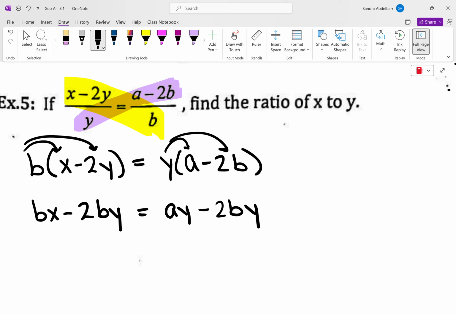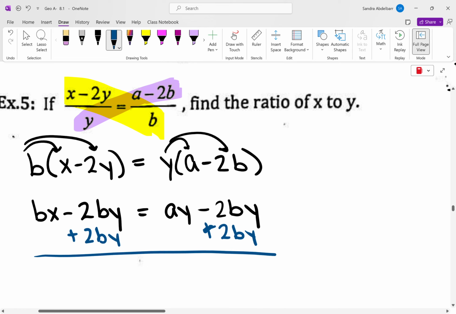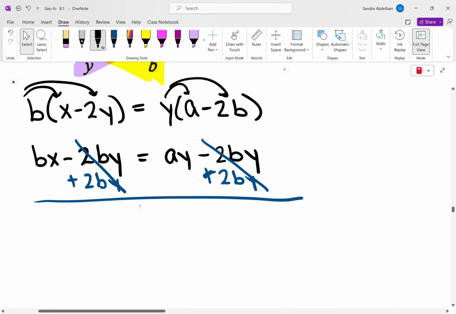Okay, does anybody see anything right now that would significantly simplify this? Only PJ? Abby? Good. If you add 2by to both sides, oops. If you add 2by, what happens on both sides?